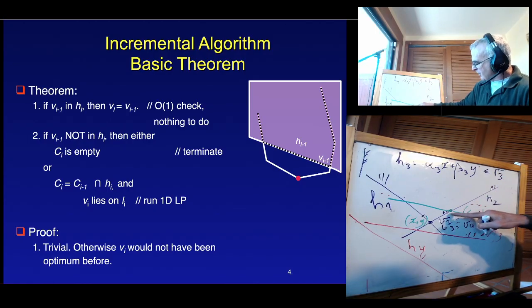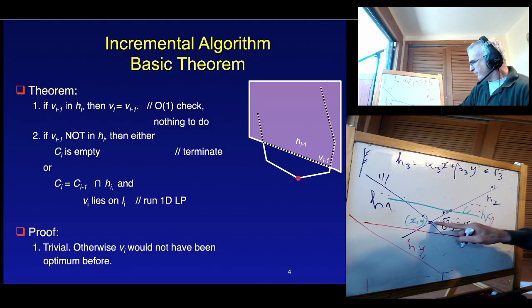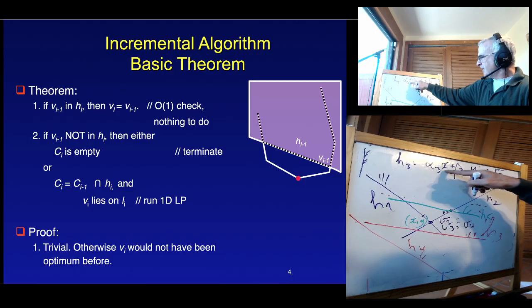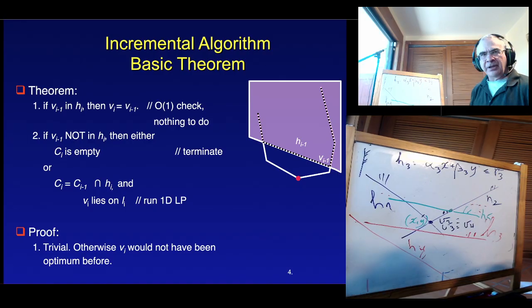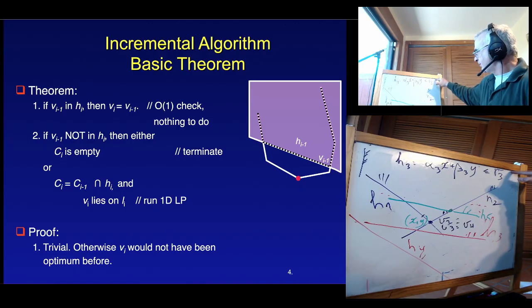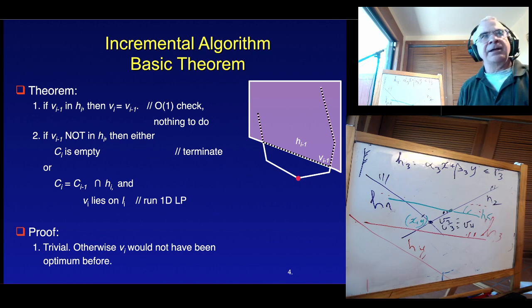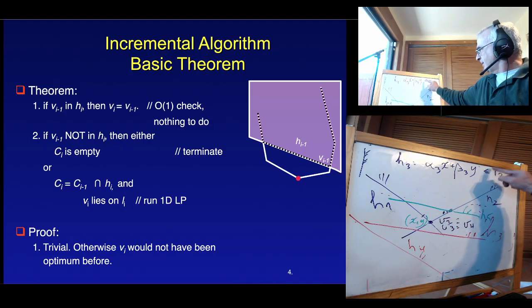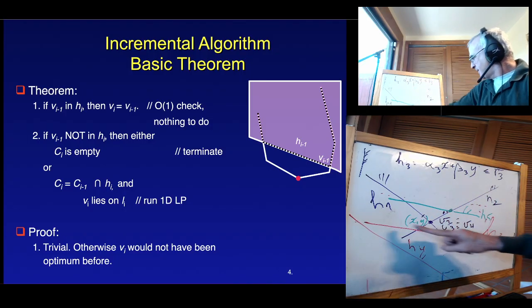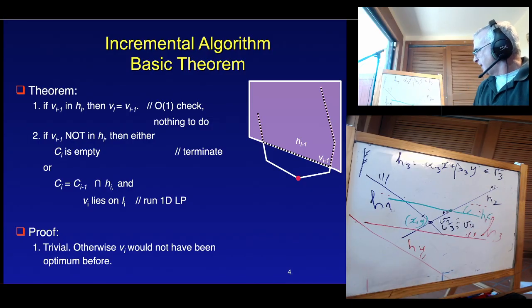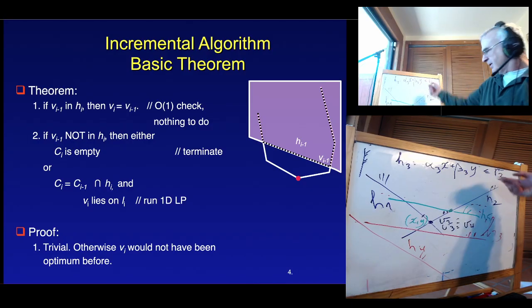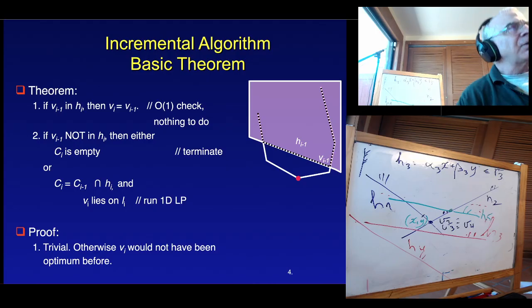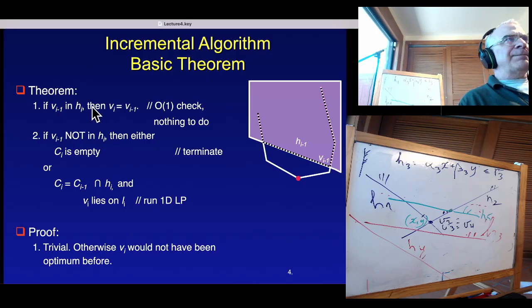So all my checking is just take xy of v2, place them as x and y, and ask, is this violating gamma 3? If the result is more than gamma 3, then it's not inside the half plane. Because in the way that I write it, if I replace it with an equal sign, then I define the line of h3, and with this smaller or equal it refers to one side of this line. So checking if a point is inside the half plane is very easy. It takes constant time.